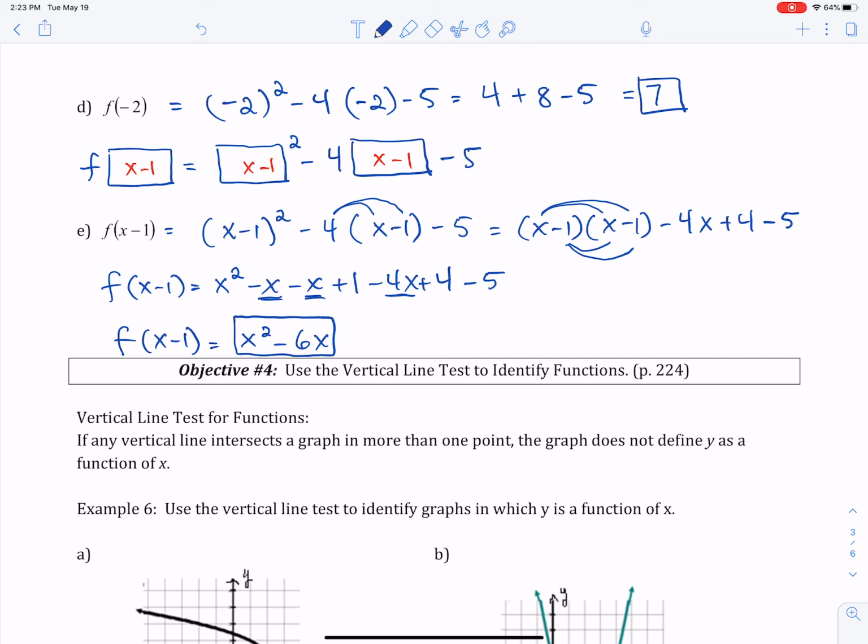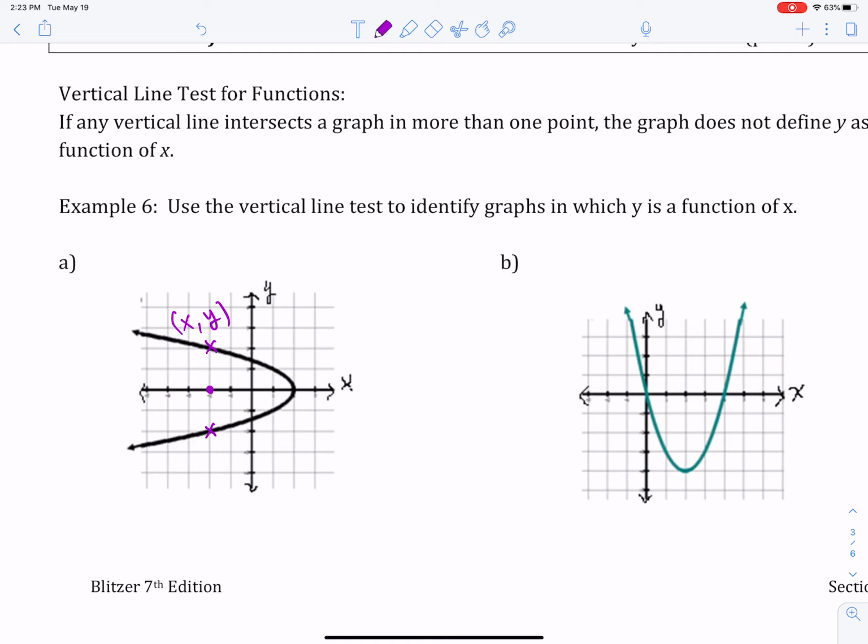For objective 4, we're going to be recognizing functions through something called the vertical line test. Each x value is supposed to have only one y value. Notice that if I select some of these points specifically, it doesn't matter which one, let's say negative 2. If I select this particular value, I end up having 2 points.